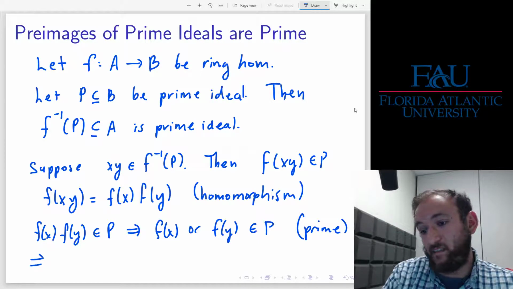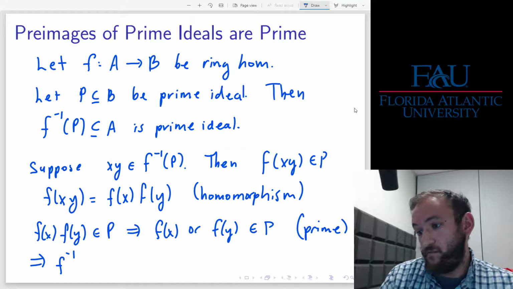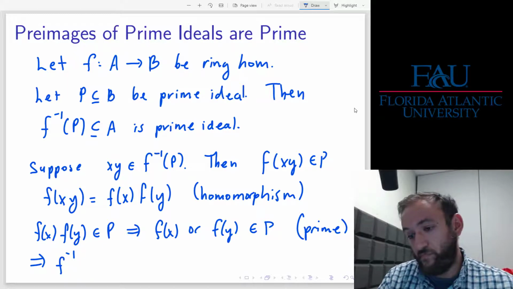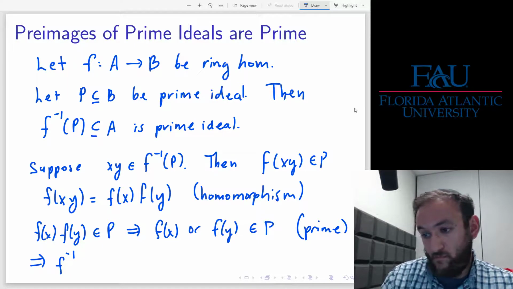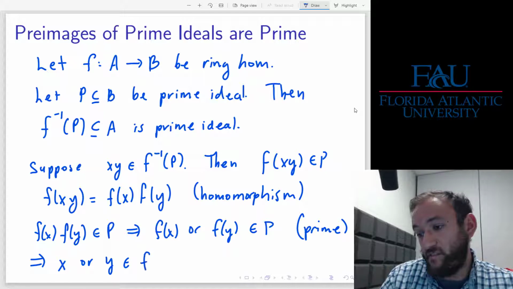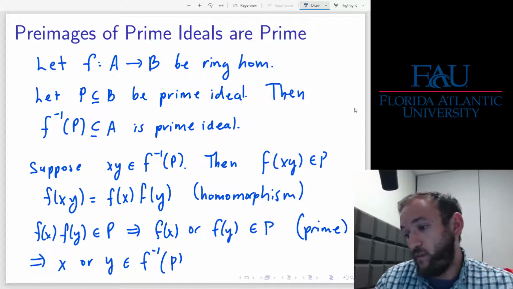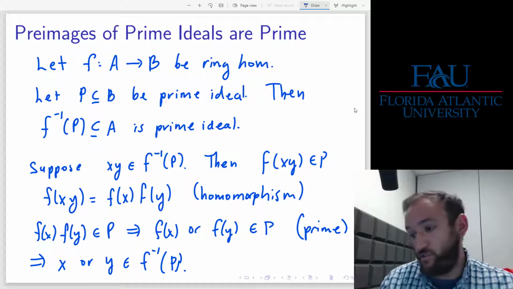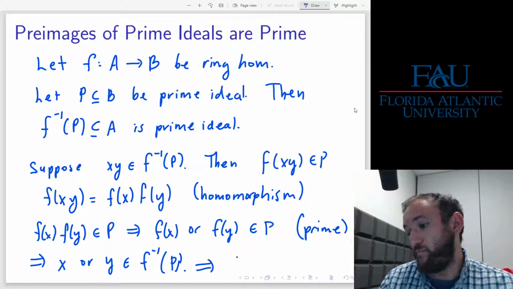And that means that x or y is in f inverse of P, which is precisely what we were trying to prove to show that this is prime.